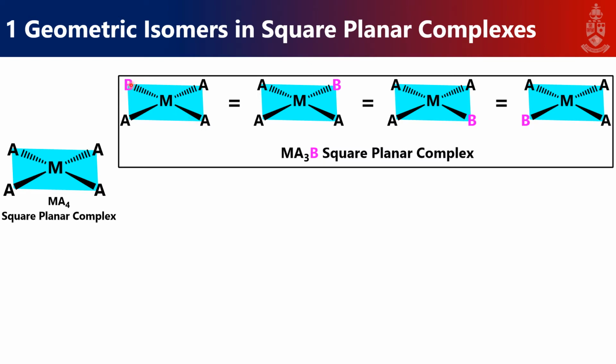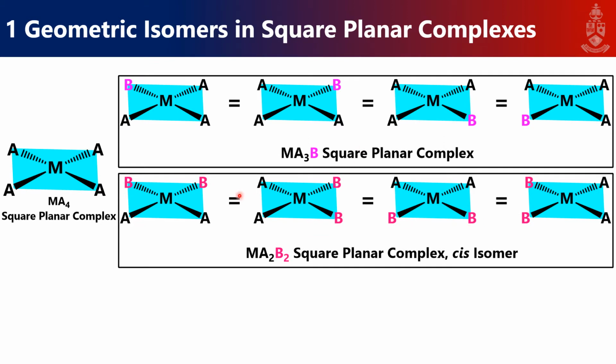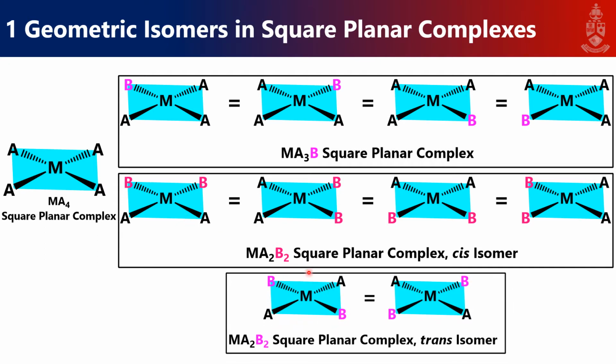So if we substitute one of the A's for a B ligand, we can rotate this complex the whole way through, in the plane. Then we can rotate that B through all the positions, and we see it's the same complex the whole time. There's no isomers. However, if we were to substitute another B, then those two B's can either be separated by 90 degrees and the two A's by 90 degrees, or the B's can be separated by 180 degrees and the A's can be separated by 180 degrees.